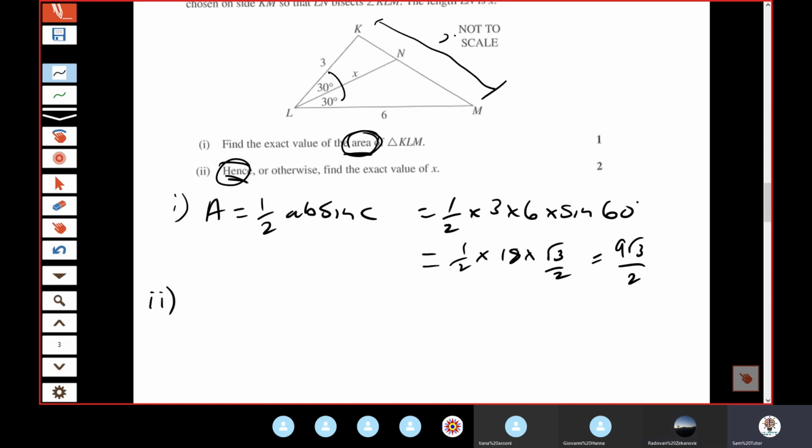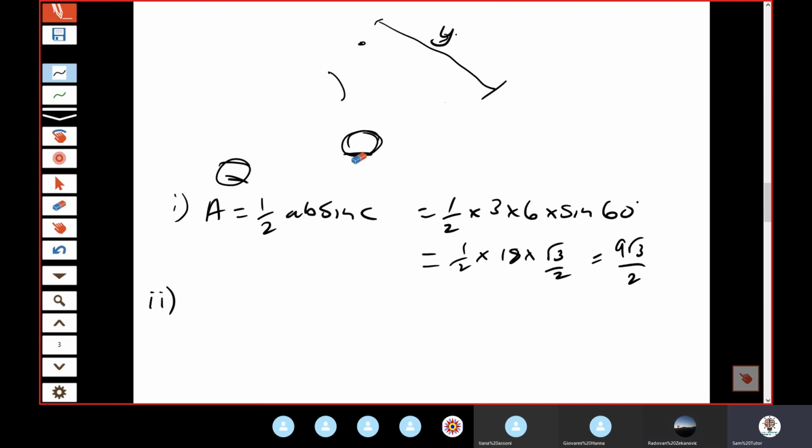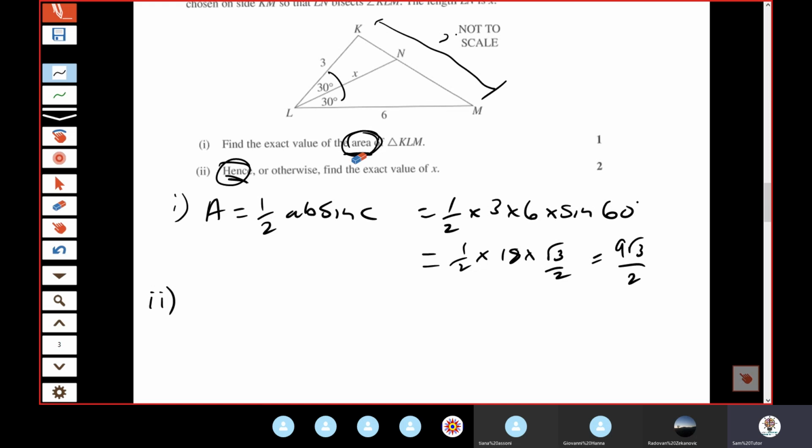KM we don't know, so let's call that y. You know this is 60 degrees, but you don't know what this angle is or what this angle is. So sine rule won't work, and cosine rule won't work.